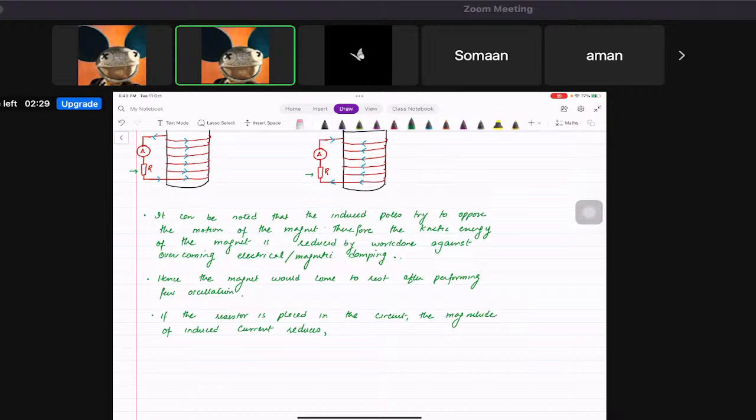You guys agree to this, right? So if there is less current, then of course there will be a smaller opposing force. So hence now less energy is required to overcome the lesser opposing force.